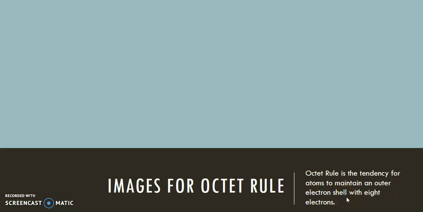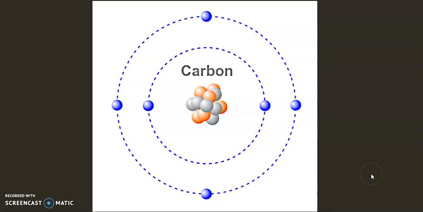I'm going to show some pictures to help you visualize this and understand it a little better. I'm just going to use some of the atoms we've already been talking about. All right, we'll do carbon. This is one of those models that we use to show an atom.